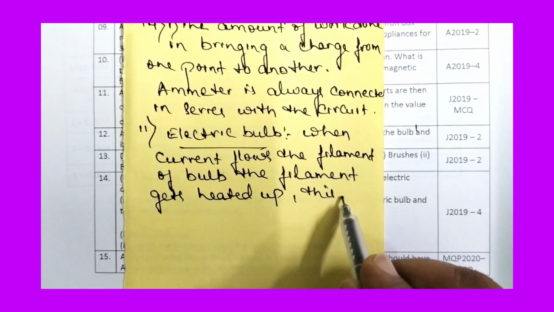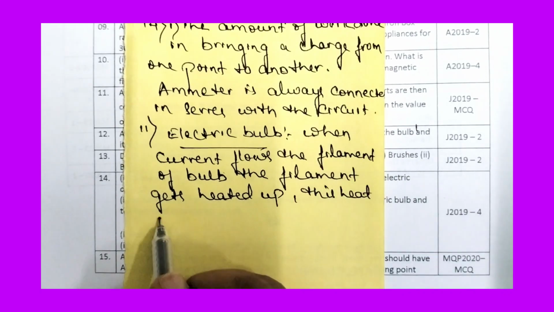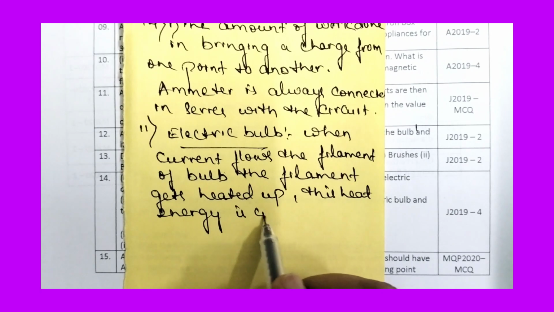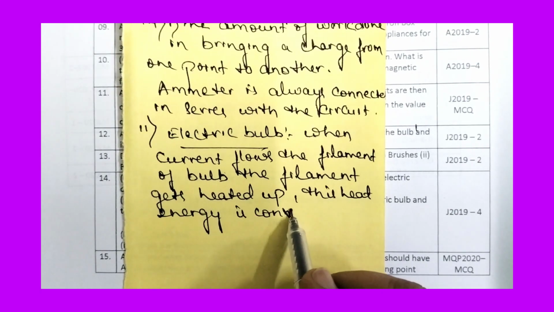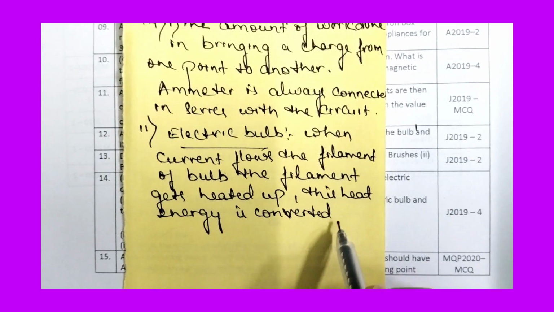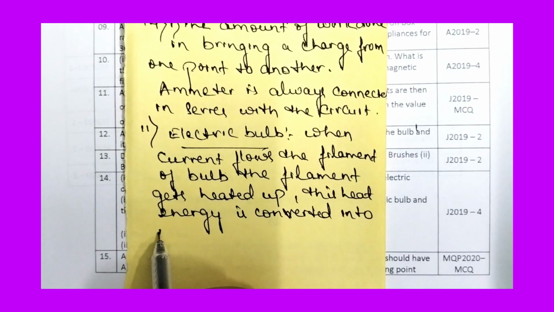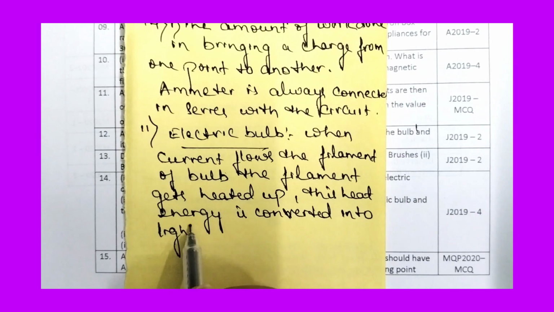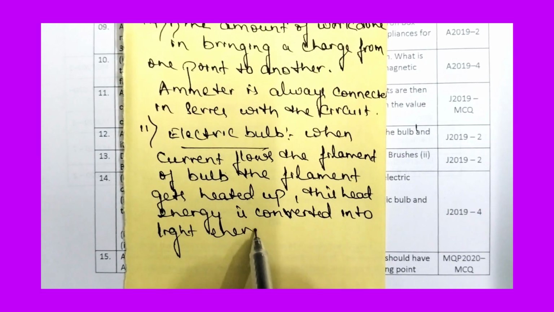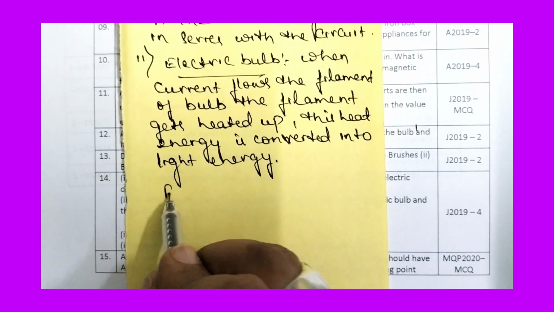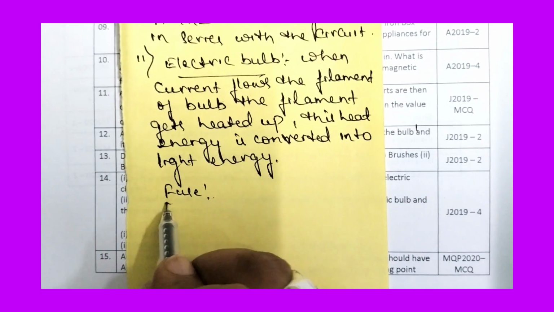This heat energy is converted into light energy. So this is how the electric bulb works. Then he has asked the same for the fuse, how the fuse works.